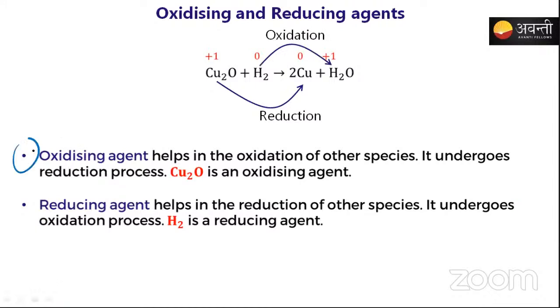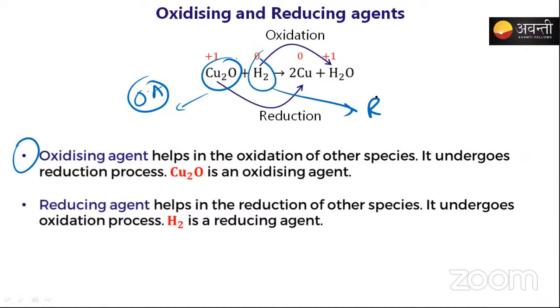Yesterday only I told you, that which is involved in reduction itself acts as an oxidizing agent, and which is involved in oxidation itself acts as a reducing agent. These are the basic facts we studied in the previous class.